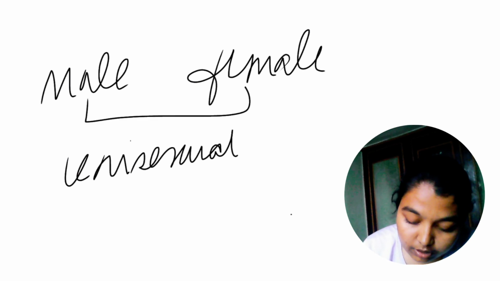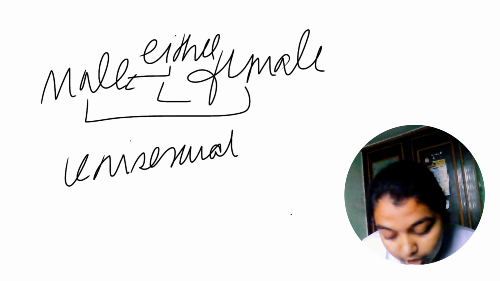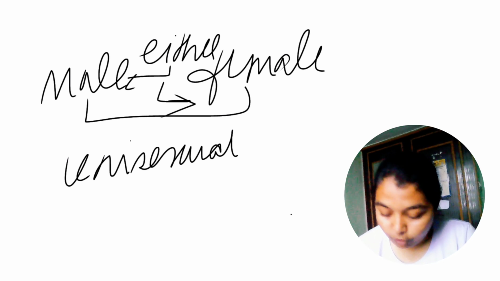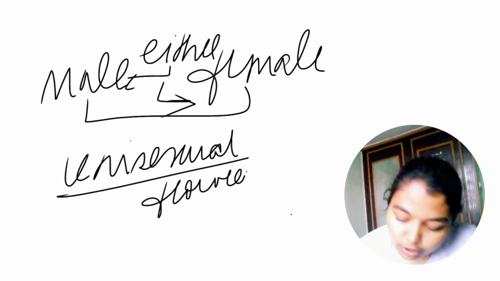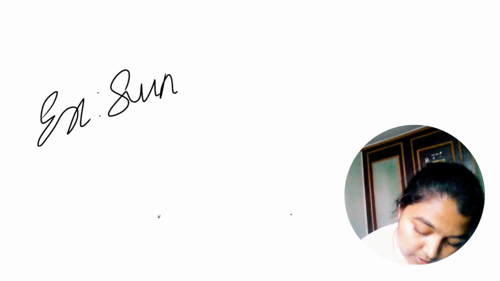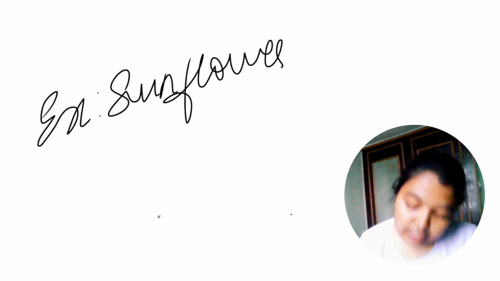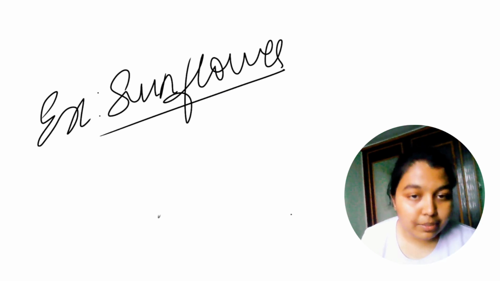The definition is that the flower has either a male reproductive organ or a female reproductive organ. The most familiar example of unisexual flowers is sunflower, which has two different types, a male flower and a female flower.